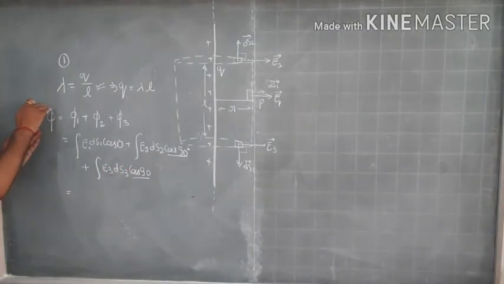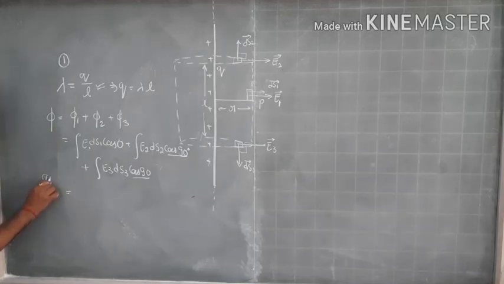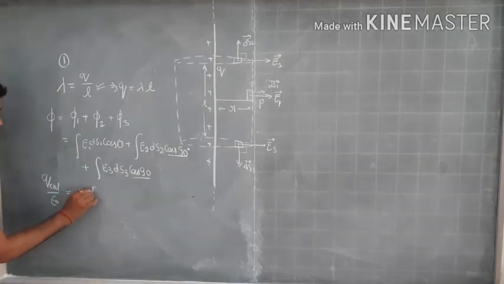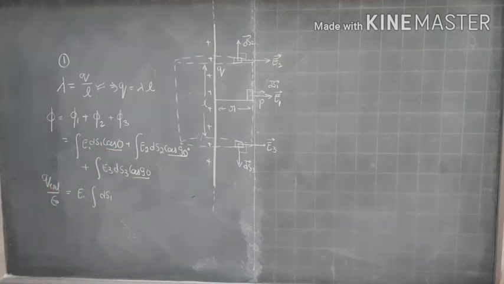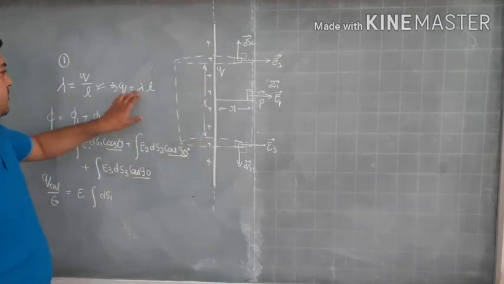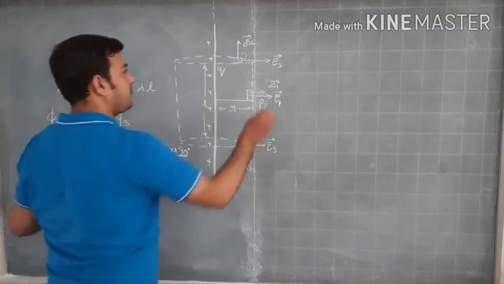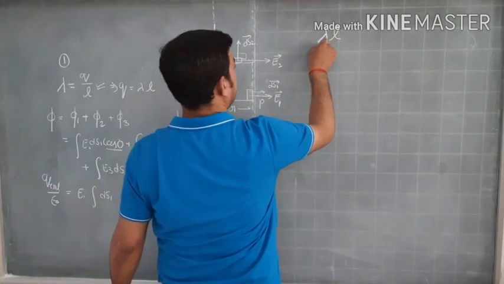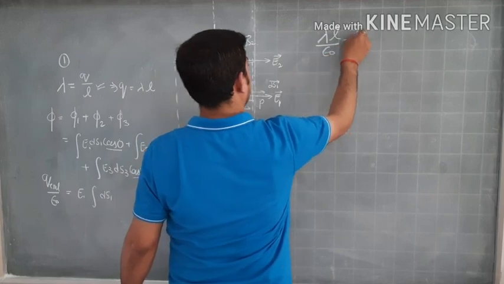And we know that Gauss' theorem tells that the flux is nothing but the enclosed charge divided by epsilon naught. Let me take this electric field as common, and this will be the closed integral of ds1. The value of cos 0 is 1. Now we know that the charge enclosed by this cylindrical surface is lambda times L. So we will put the charge here as lambda L divided by epsilon naught.